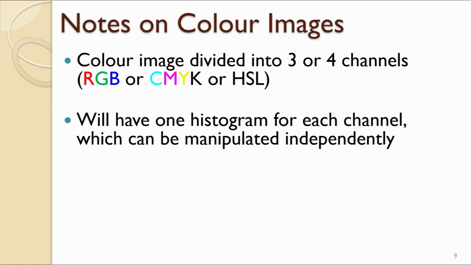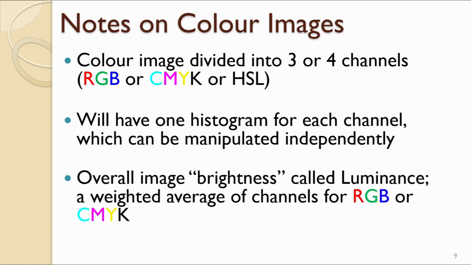You can do all kinds of interesting tricks to pull out detail in your image. The overall brightness of the image, called the luminance, in a color image is a weighted average of the color channels. It varies depending on the camera and its Bayer matrix configuration, but it is basically some sort of weighted average of each color.